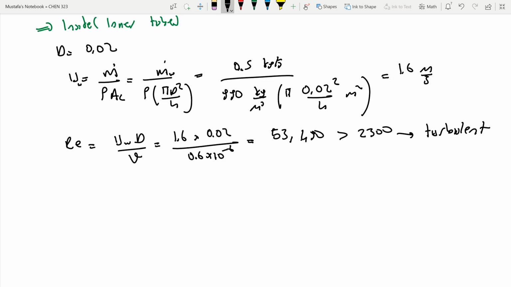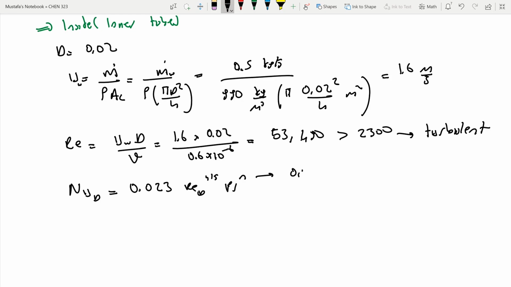Now for the turbulent flow, we'll be using this equation, which is the equation that we talked about in chapter 8. This is for turbulent flows. So we have Reynolds number to the 4/5 power, Prandtl number to the n power.